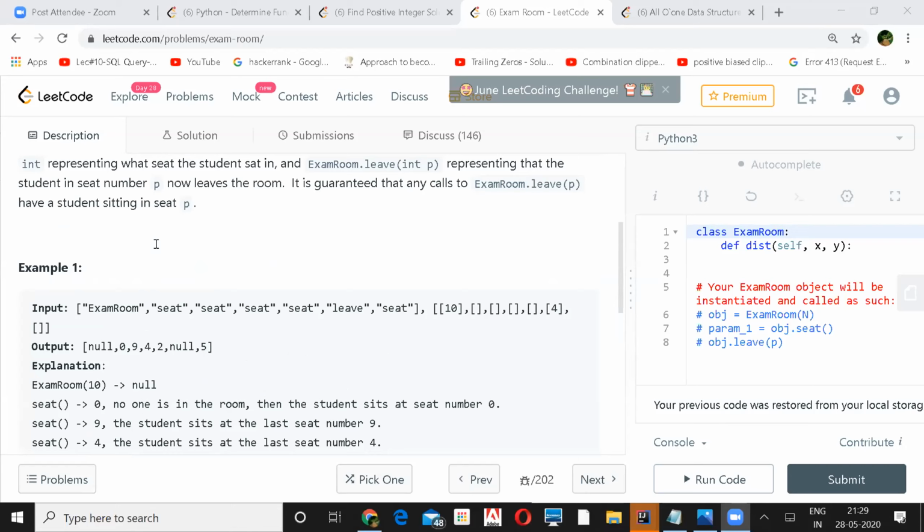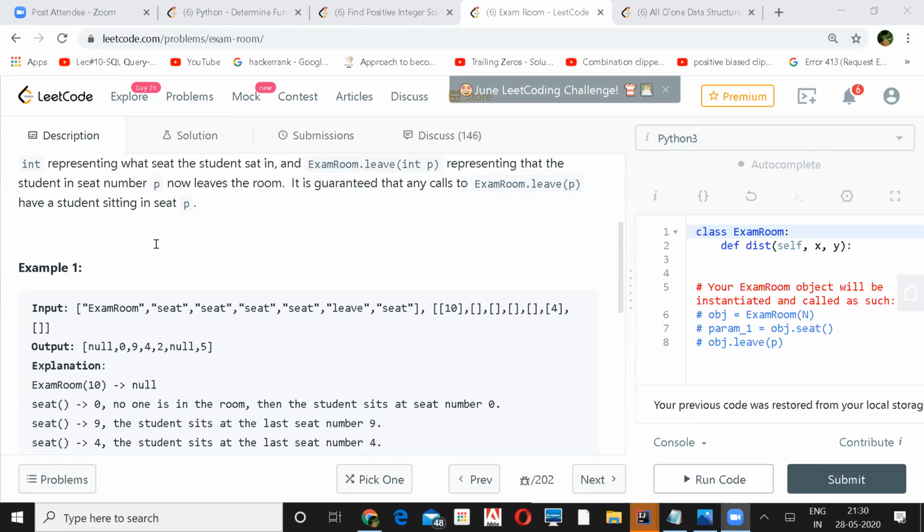So basically, we need to put someone at the maximum distance, what we have seen from the last time. Always try to make people sit at the maximum distance from their neighbors. For questions like this, we need some kind of data structure which can help us with that.